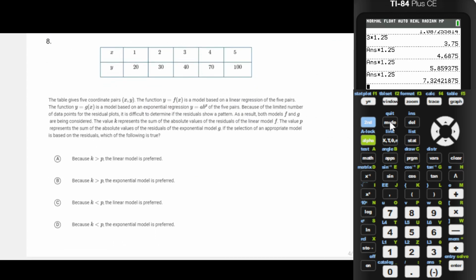That was interesting. What do we think about it? So here we've got, okay, function y equals f is a linear. Okay, I'm going to need to write that. And then g is an exponential model. Because of the limited number of data points for the residual plots, it's difficult to determine if there's a pattern.